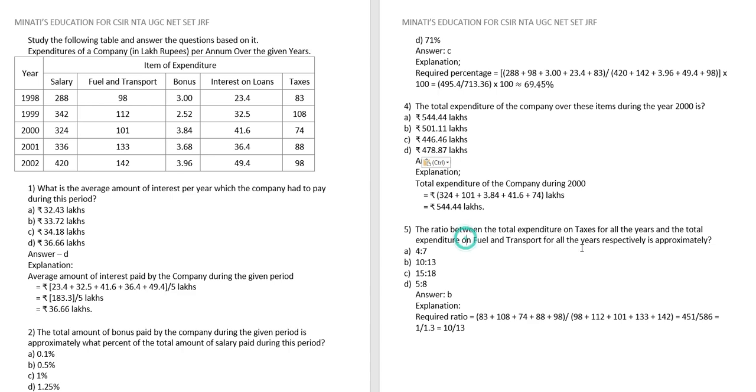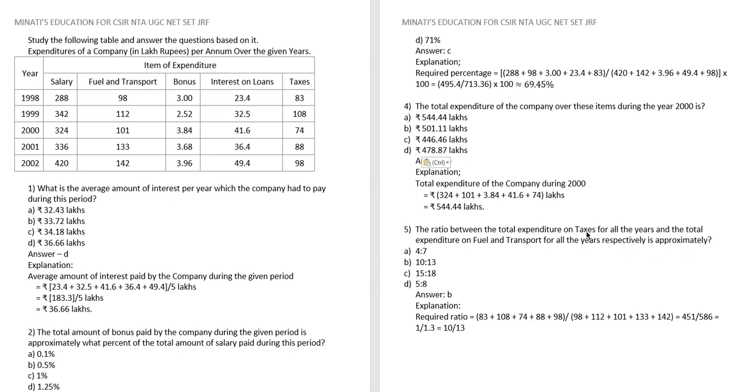The ratio between total expenditure on taxes for all the years and the total expenditure on fuel and transport for all the years respectively is approximately.